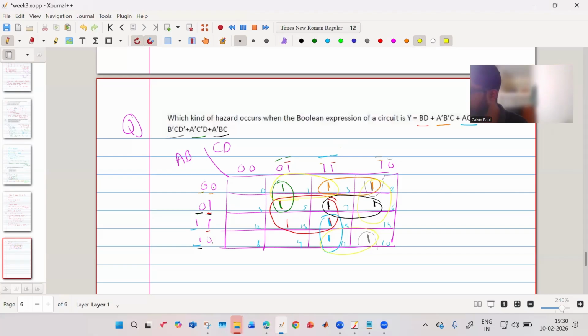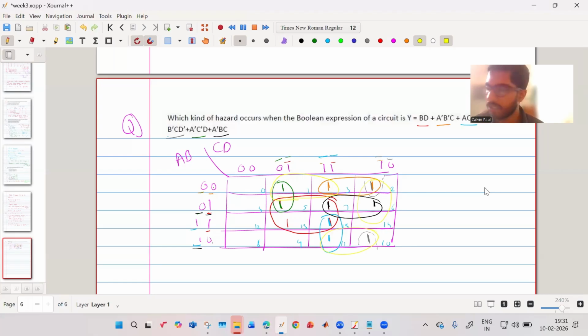Okay. That two part can only be there, like 11 and 10 and 1 and 3. Okay, they have to be handled, right?